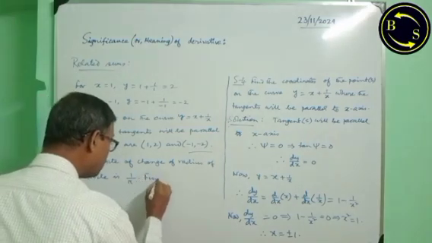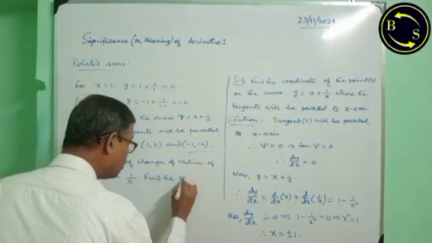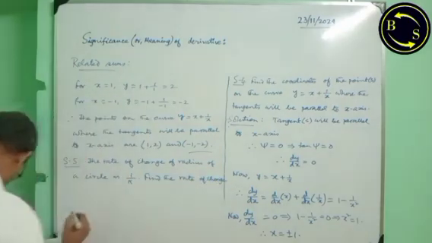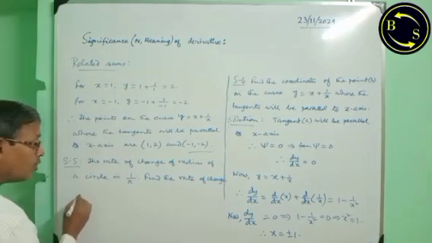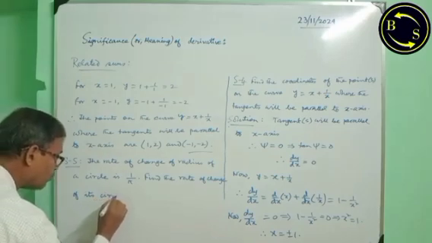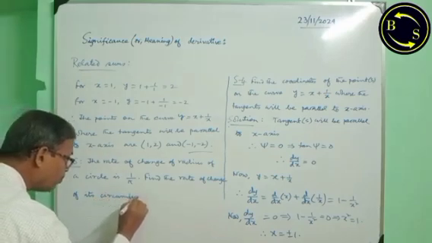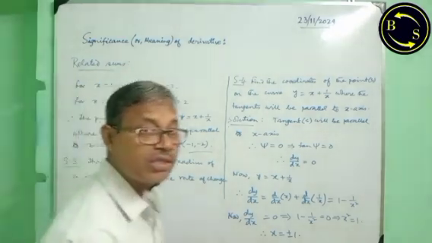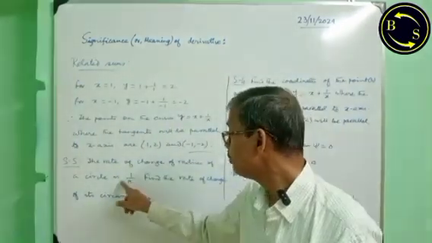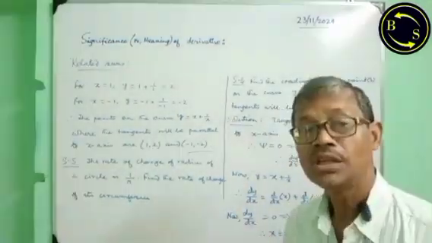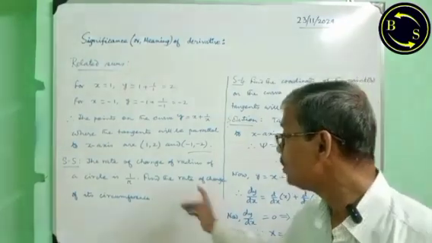Find the rate of change of its circumference. Here, rate of change of radius means the radius is increasing. Since sign is positive, therefore rate of change of radius means it is increasing. Here, with respect to time, that means dR/dt is given.